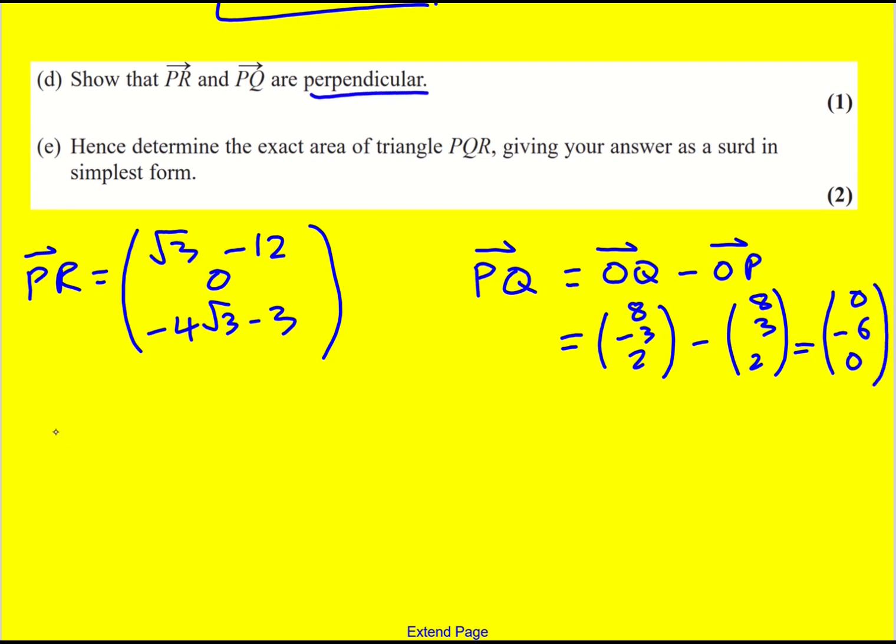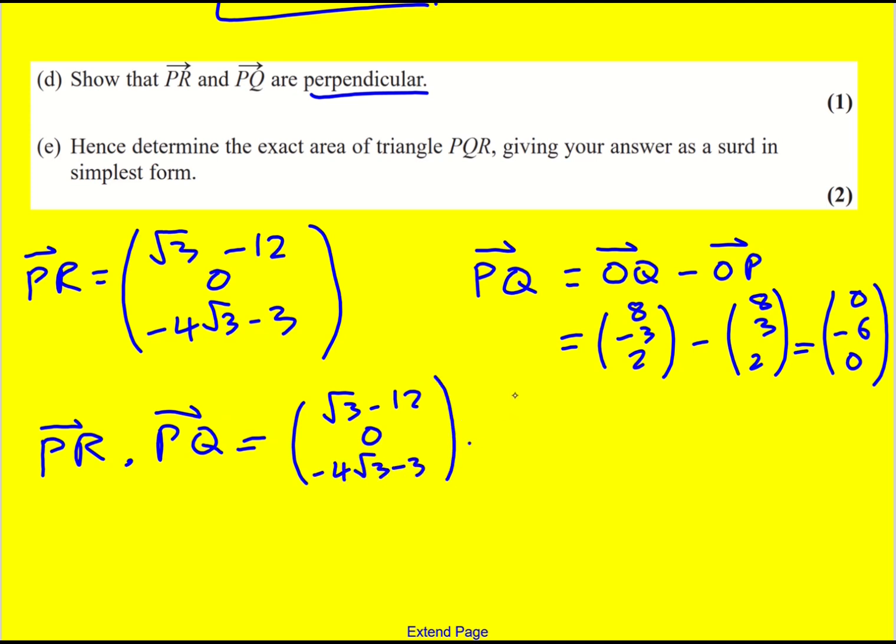To show the perpendicular, we can take the dot product and obtain 0. And you don't need to say any more.